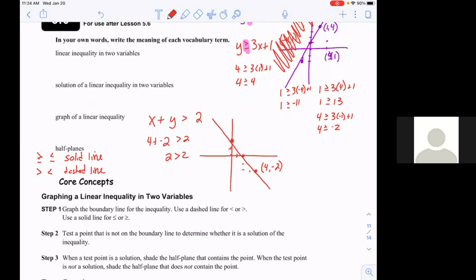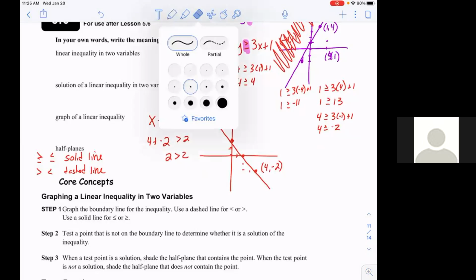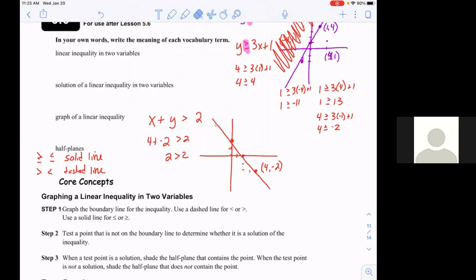Okay. So if we write that in, so I noted here, when we have these two symbols, we have the equal sign, I am going to draw a solid line. So now what am I going to do when I have this scenario? 2 is not greater than 2.